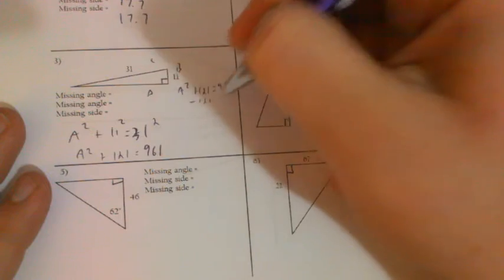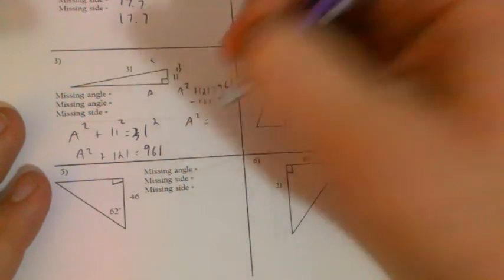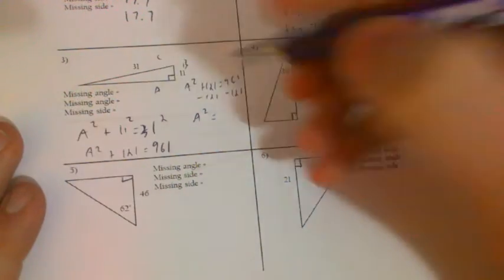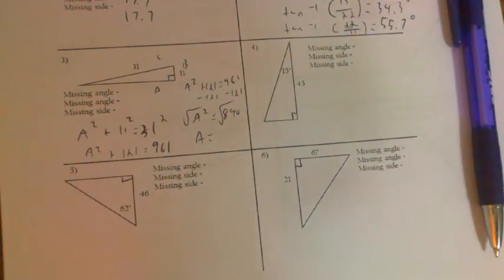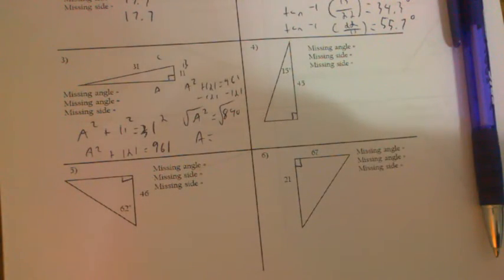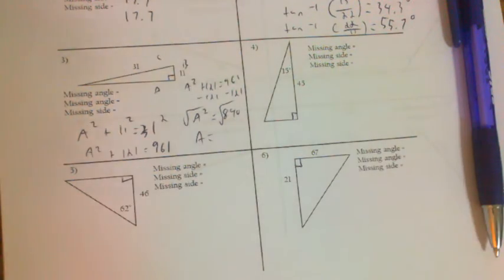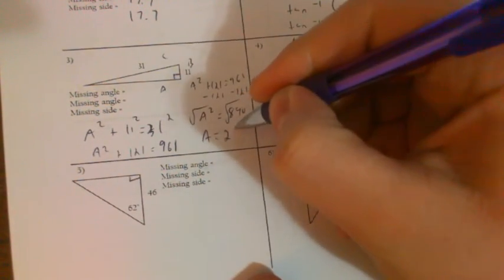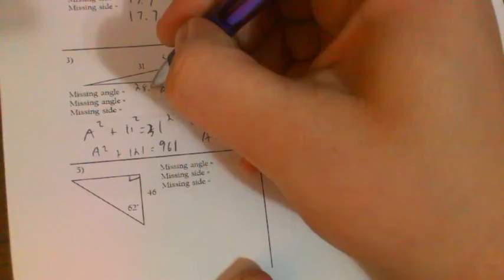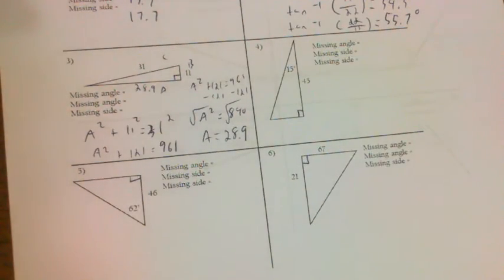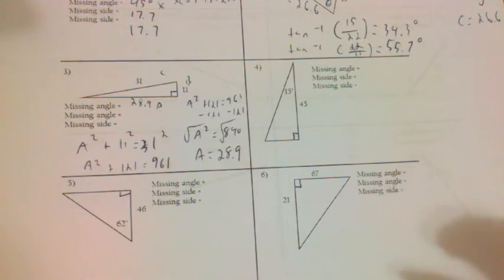Subtract 121 from both sides, we get A squared equals 840. Square root both sides, we get A equals 28.9. So this side is 28.9 meters or newtons or whatever the unit here is, although I don't think we were going to units, that's fine. So that's how we do that first part.